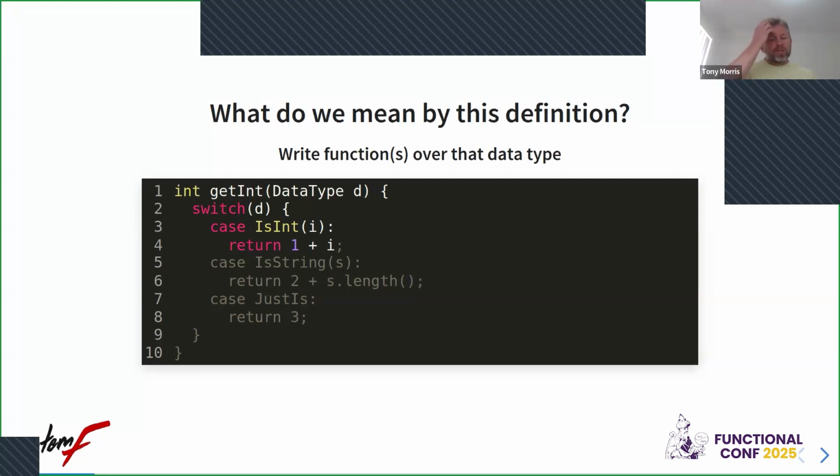And a key point about understanding the expression problem is we will call this a function over the data type. So given the data type definition, we now have a function over the data type.